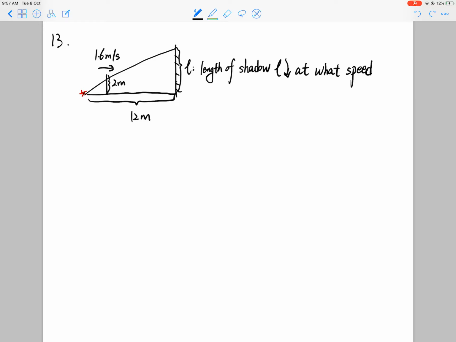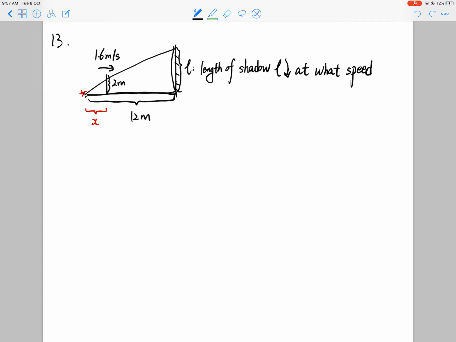So let's call this part X. This part is the distance between the guy and the spotlight. Let's call this X. So what's the relation between X and L? How can you use an equation to connect them? Right, we've realized there are similar triangles.